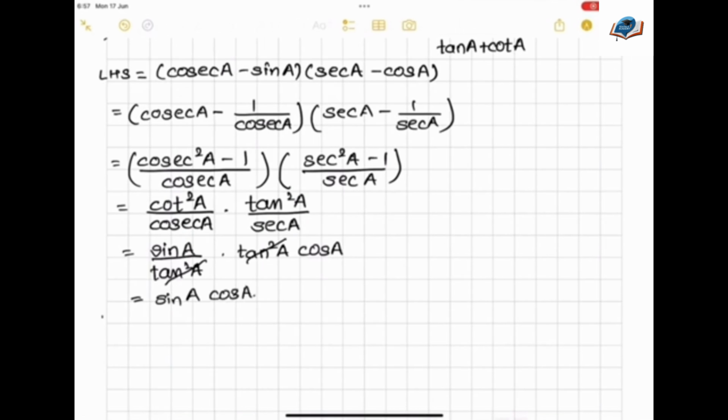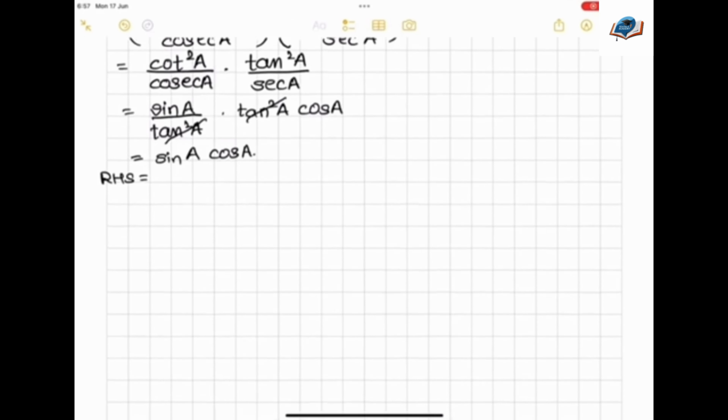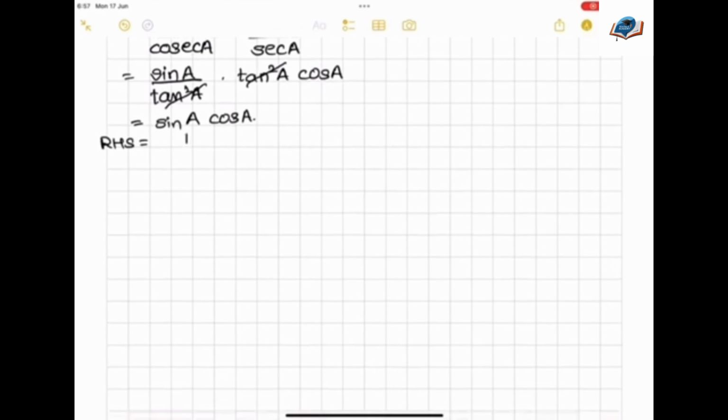Now RHS I am taking and solving it because now I can't solve LHS further. 1 upon tan A plus cot A. So that will be 1 upon sin A upon cos A plus cos A upon sin A. Now doing the LCM in the denominator.